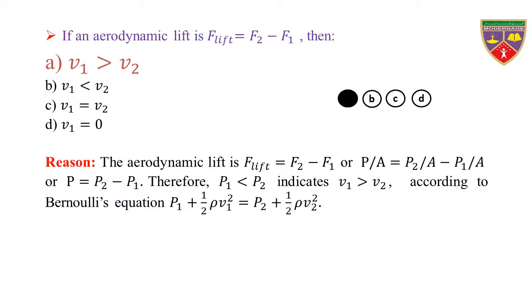Indicates V1 is greater than V2 according to Bernoulli's equation, P1 plus 1 by 2 rho V1 square is equal to P2 plus 1 by 2 rho V2 square. Hence, for aerodynamic lift, F for lift is equal to F2 minus F1, V1 is greater than V2.